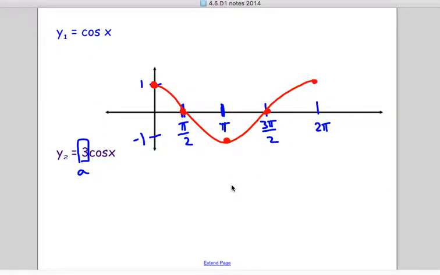Okay, so what an amplitude of 3 does is it's going to make this top of the bump stretch up to 3, and it's going to make this bottom dip down to -3, and it's going to make this stretch up to 3. So I need to add on a little bit to my picture.